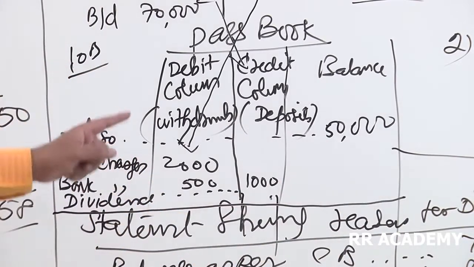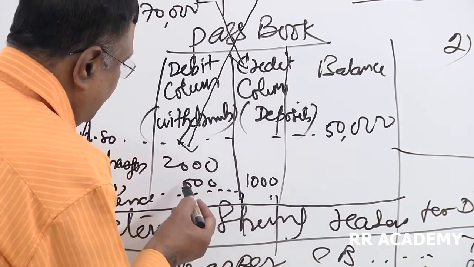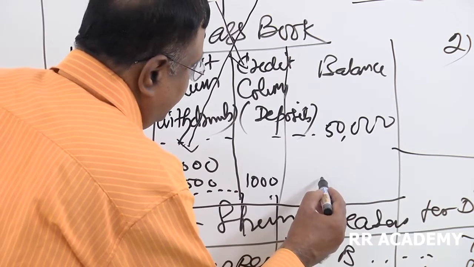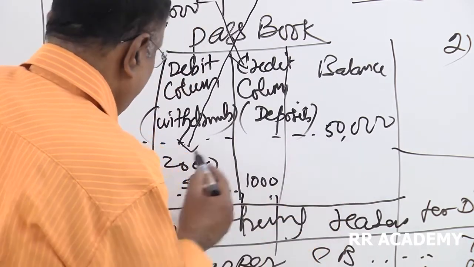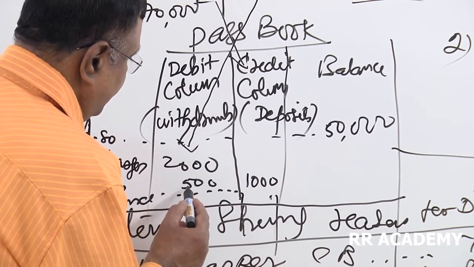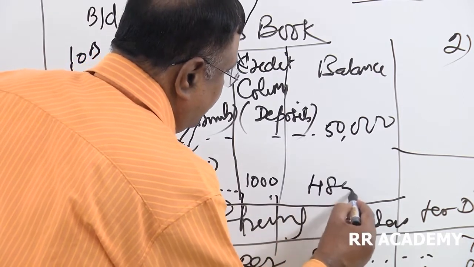Now balance, friends: 51,000 minus 2,500, 49,500, 50 minus 2, 48, 47,500, plus 1,000, 48,500. Balance is 48,500.